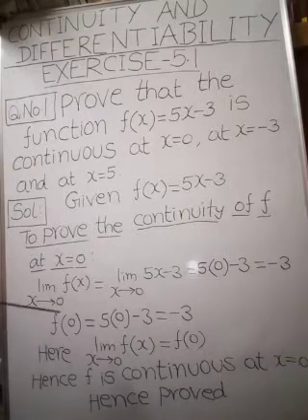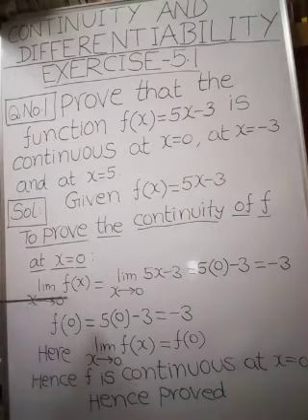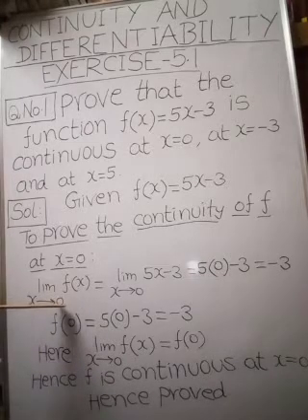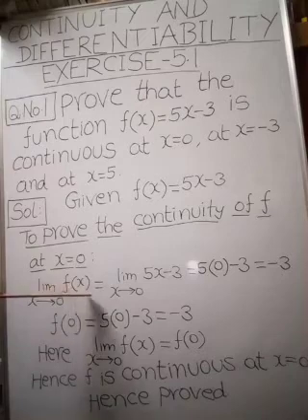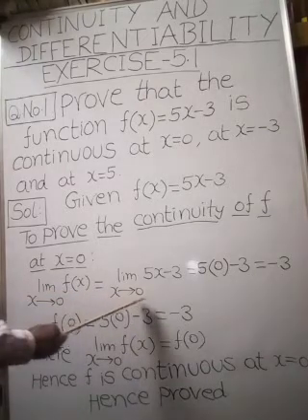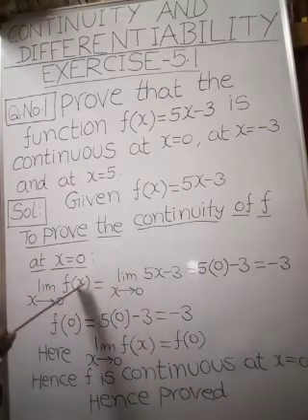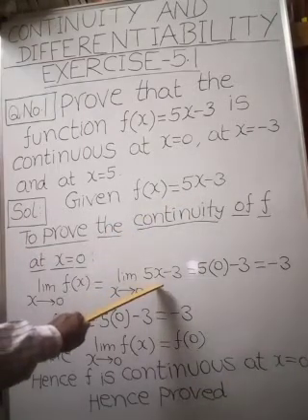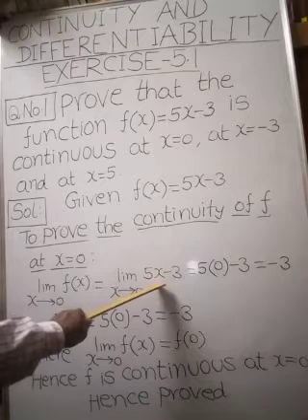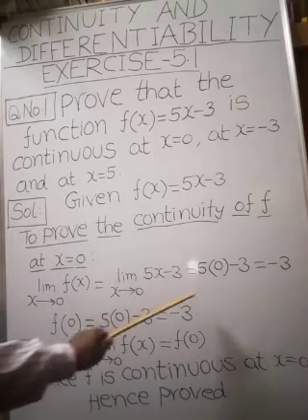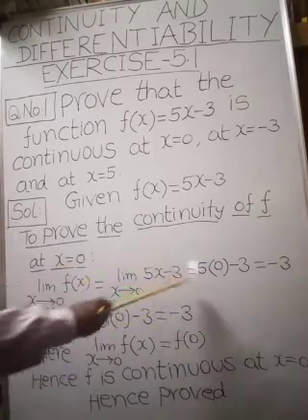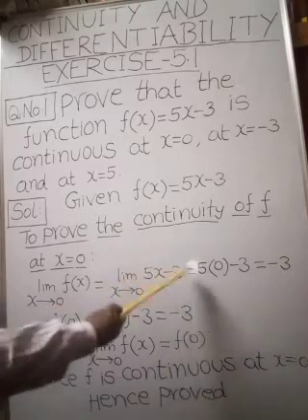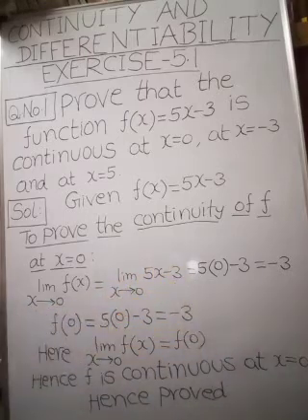So for that we are finding the limit of f as x tends to 0, limit f of x is equal to, as x tends to 0, limit, what is f of x here? 5x minus 3. So we are writing that function here. Understood my dear children? Right. That is equal to, here we have to find the limit of this function by substitution method.